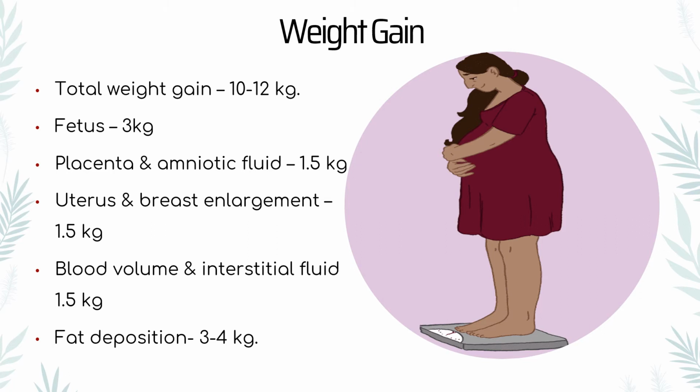Even if the weight gain is not there in the second and the third trimester, it is a sign of fetal growth retardation which we have to look for. In early pregnancy, if there is a weight loss, that may be due to excessive vomiting and decreased secretion of estrogen, progesterone, aldosterone, and the antidiuretic hormone.